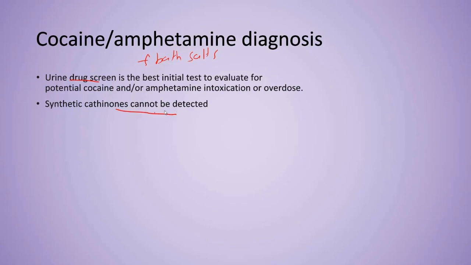This is also another thing that I've seen in questions. If they haven't given you any distinguishing feature, and it's like, is it cocaine, amphetamine, or is it synthetic cathinones? But they've given that the urine drug screen is negative, pick bath salts, because bath salts are not detected on your urine drug screen. That is very high yield to know. Okay, so remember that.